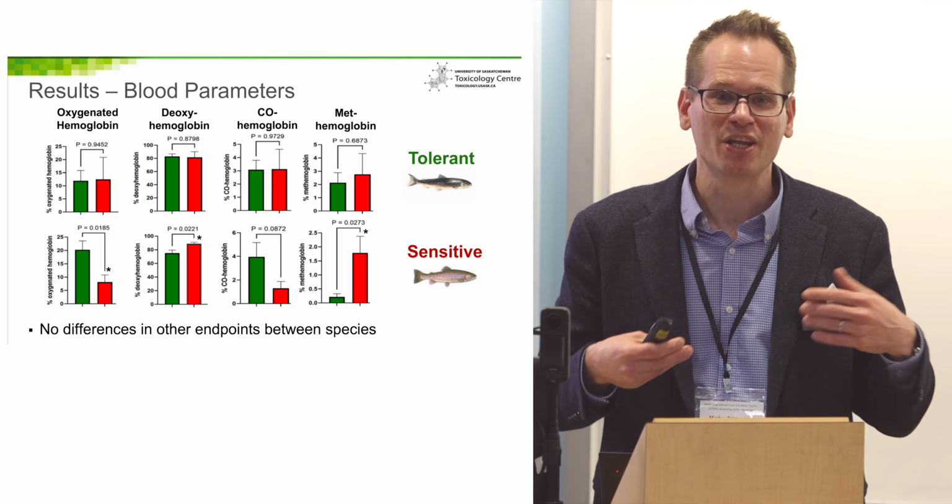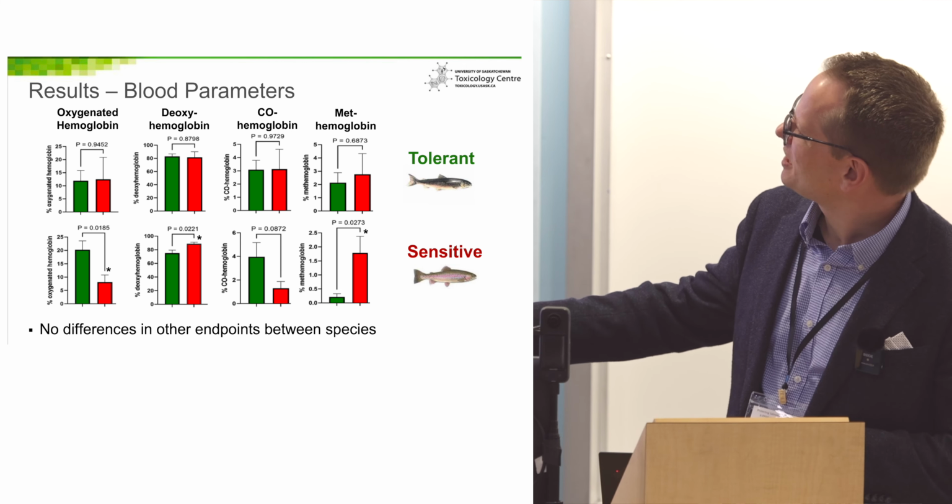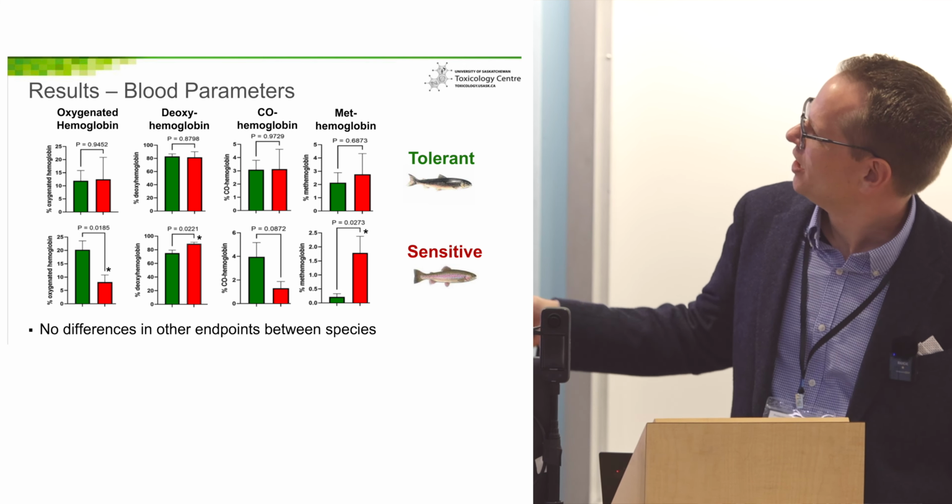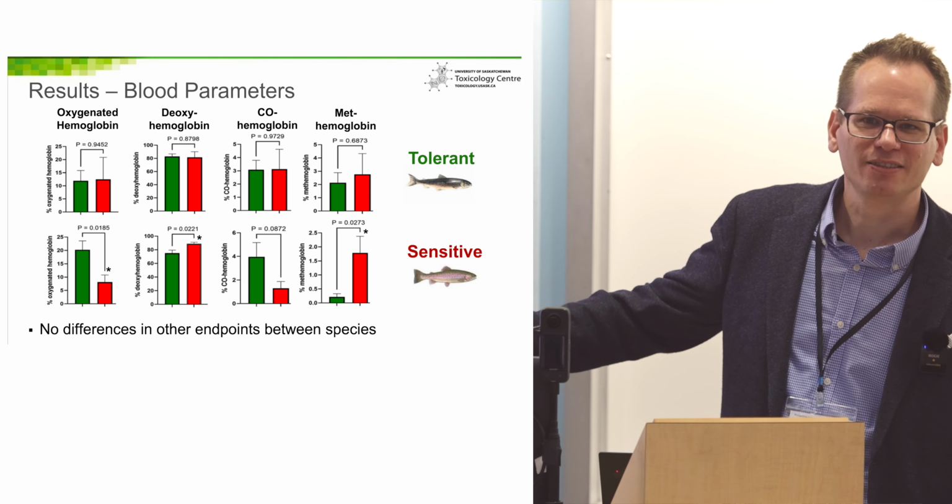What we did find, though, we measured a couple of blood parameters, and this is interesting. Up here, you see the Arctic char, the tolerant species, and down here, the rainbow trout, our sensitive species. Nothing really happened in our Arctic char at all between the controls and our treated groups here in red. But when you look at the oxygenated hemoglobin, there's a significant decrease there, right?